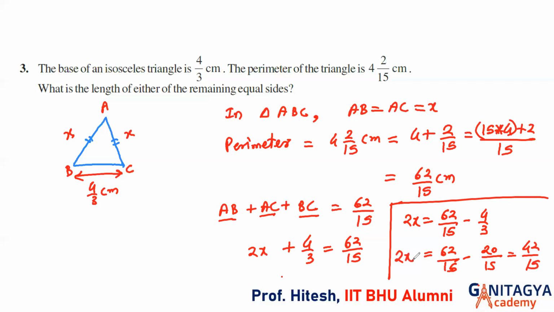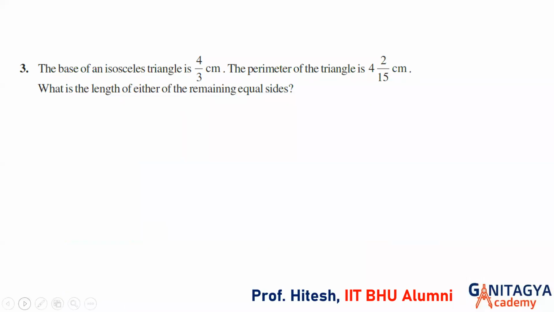So now x is equal to 21 upon 15, that is 7 by 5 centimeter. So the length of either of the remaining equal sides is 7 by 5 centimeter. Please write it down. Let me move to the next question.